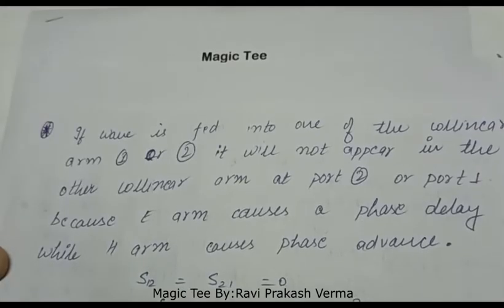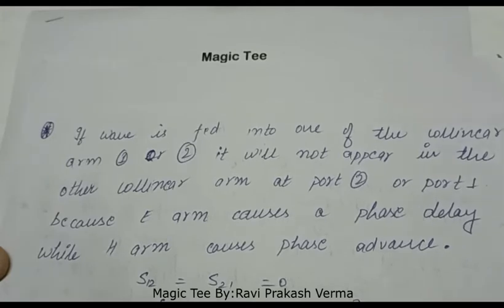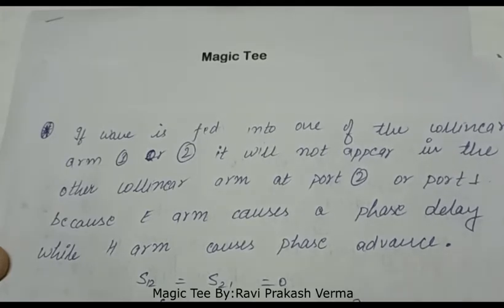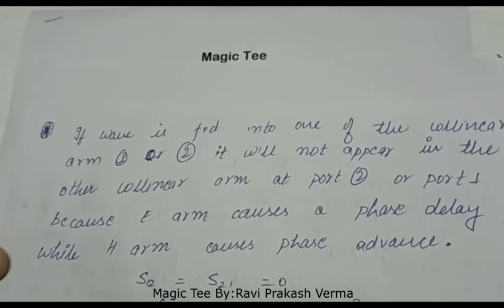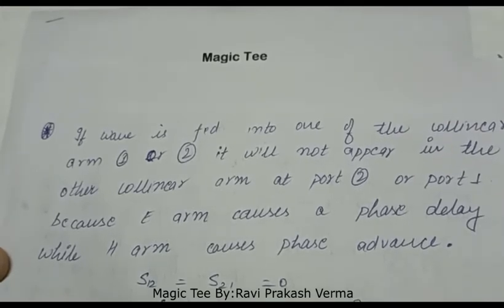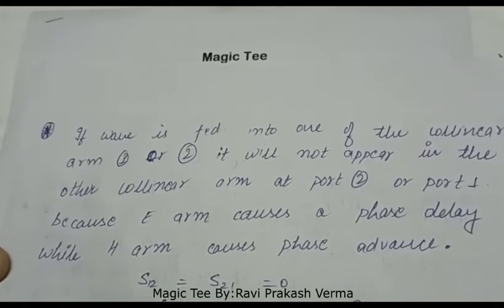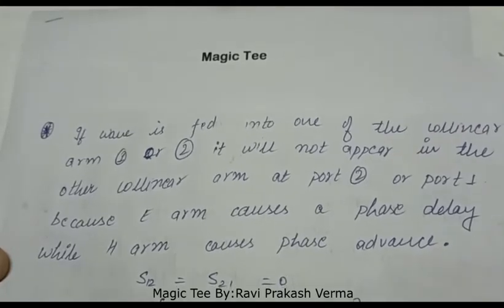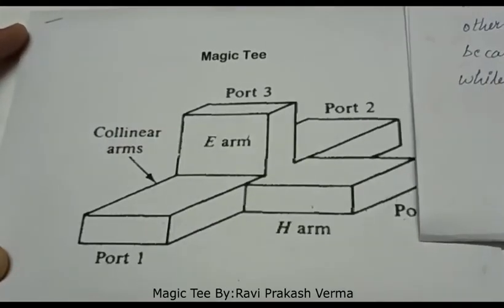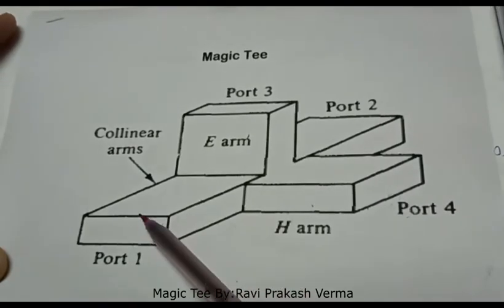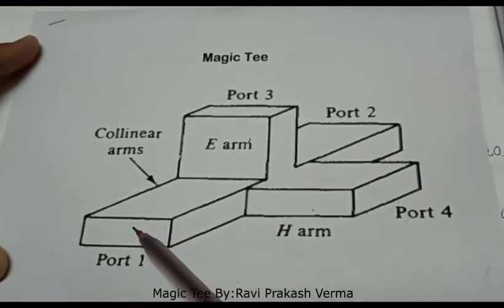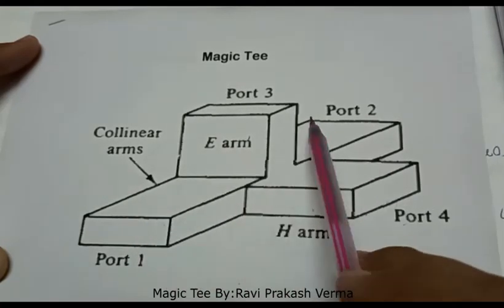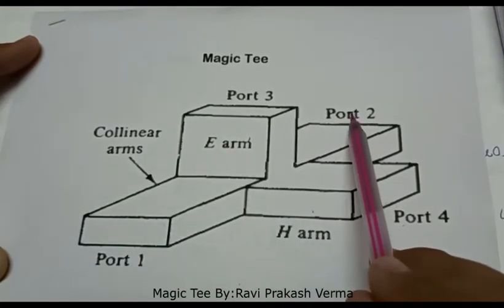In this case, if we feed a wave at port 1 or port 2, it will not appear in the other collinear arm at port 2 or port 1, because the E arm causes a phase delay while the H arm causes a phase advance. In the figure we can say that if we provide an input wave at port 1, then a 0 wave will be generated at port 2.